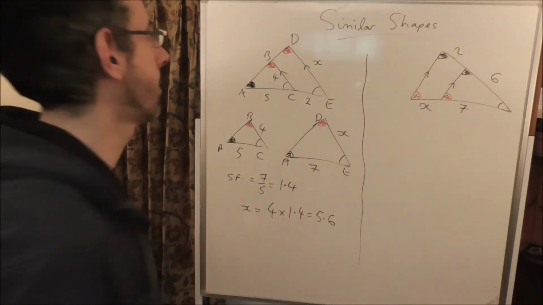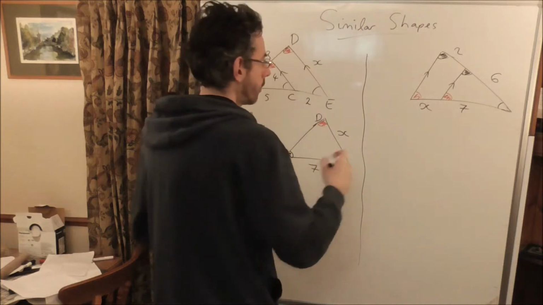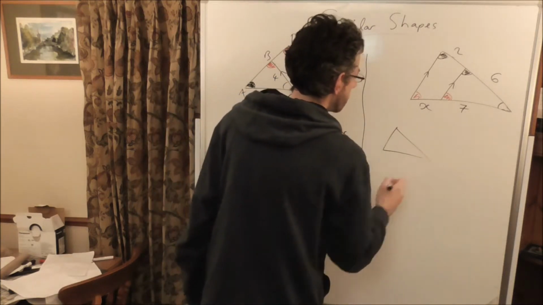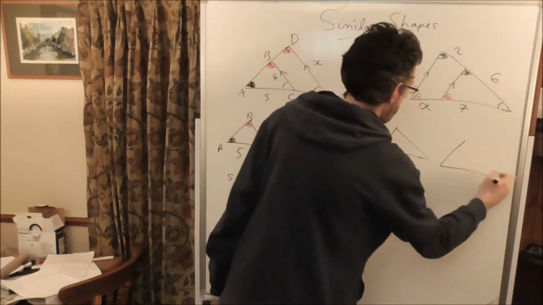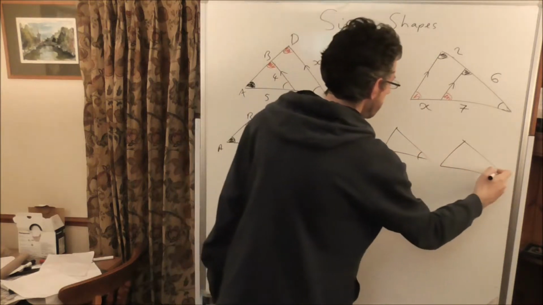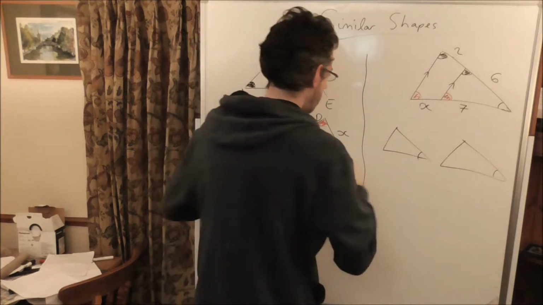I'll just draw them down here, and that will help us to work out what x is. I'll draw the small triangle and the big triangle, again colouring the angles so you can see what I'm doing.